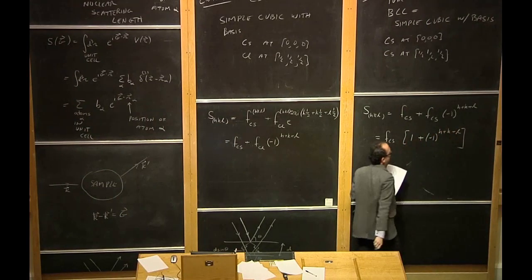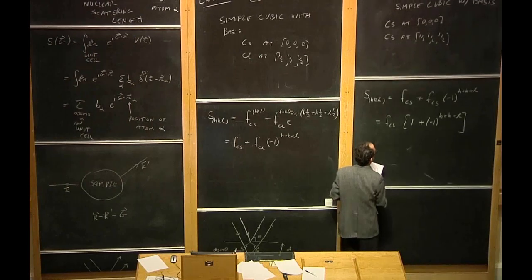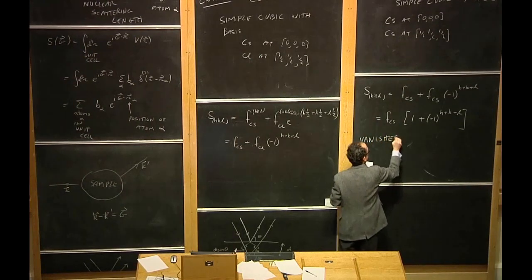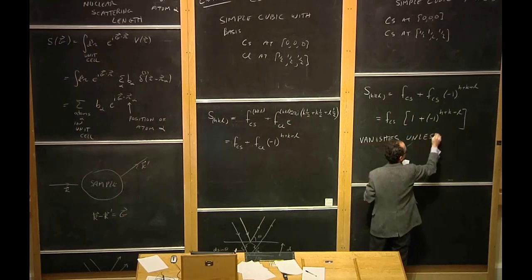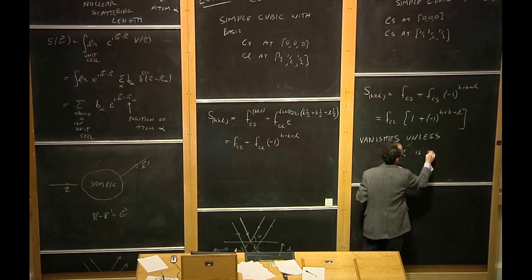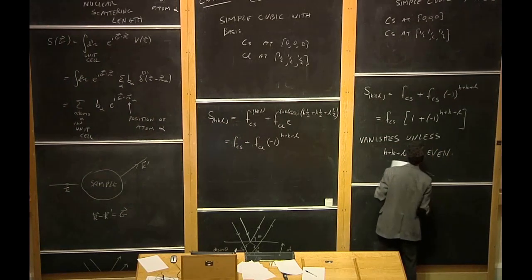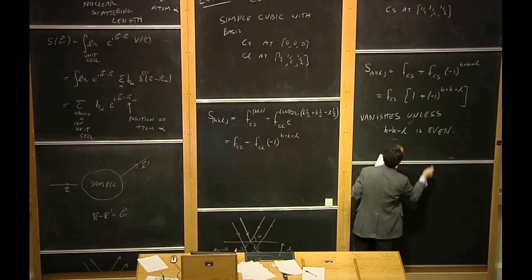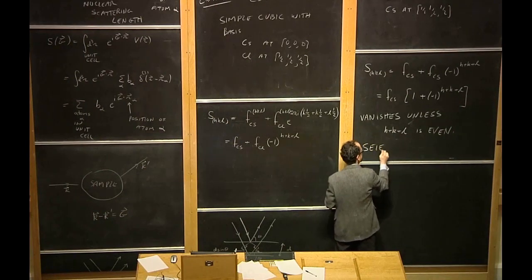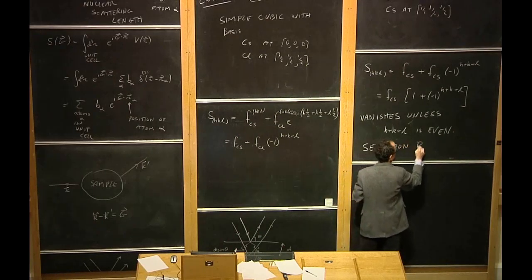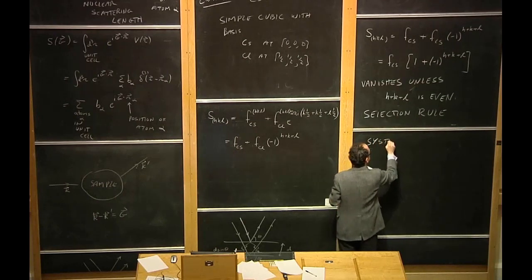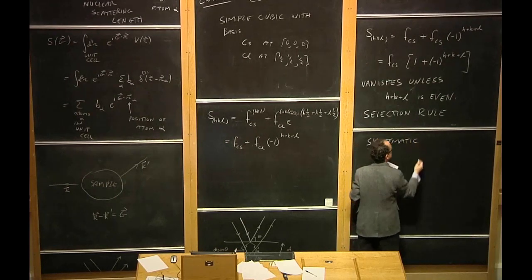Now you'll notice that this vanishes unless, write this down, h plus k plus l is even. This is what's known as a selection rule or a systematic absence. Maybe I'll write those down. Selection rule or systematic absence.